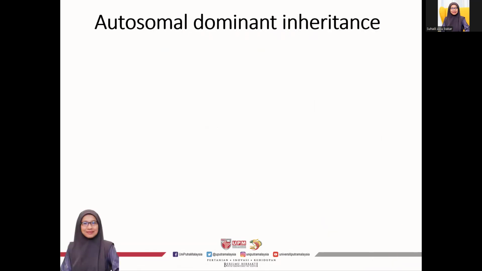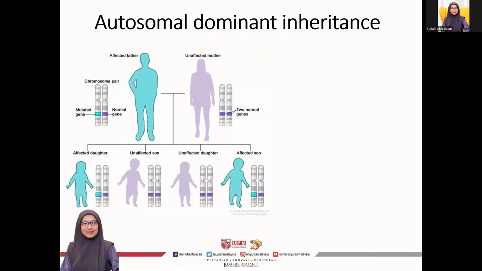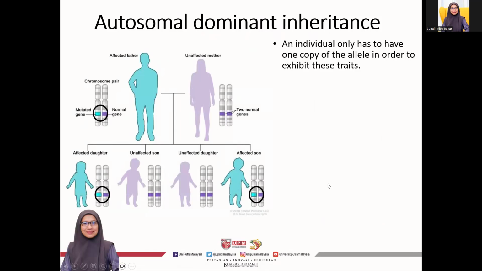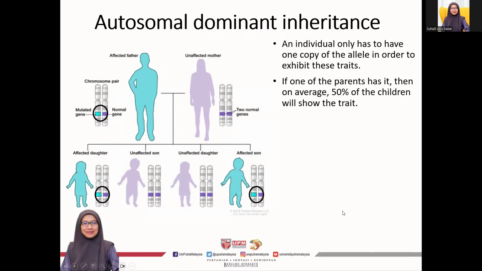So let's see an example of autosomal dominant inheritance. This is the pedigree of a family for this type of inheritance, where an individual only has to have one copy of the allele in order to exhibit the trait. If one of the parents has it, then on average 50% of the children will show the trait.